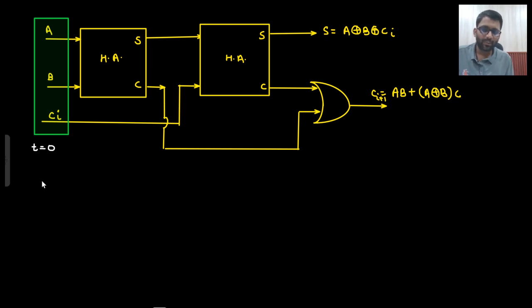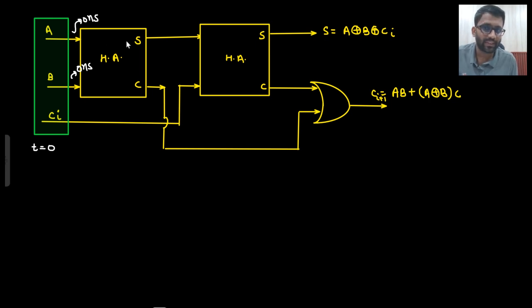Now these inputs are applied at t equals 0, so they are stable at t equals 0 nanoseconds. This half adder has the capability of giving the output at t equals 0 nanoseconds, because inputs are stable at t equals 0. Do you agree to this line?